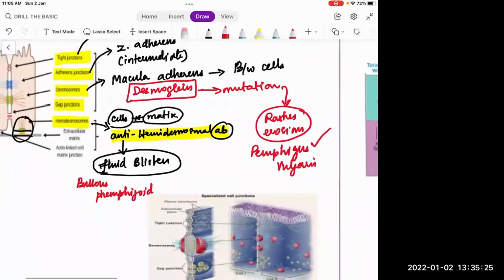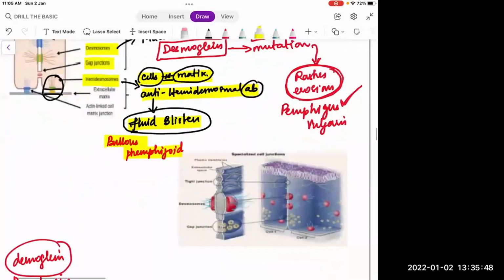Remember, pemphigus vulgaris is rashes and erosions because it is between the cells. There is no fluid in between these two junctions. Whereas the hemidesmosomes is the structure which is present between the cell and the extracellular matrix. And that is the reason why you will encounter the fluid blisters as bullous pemphigoid.